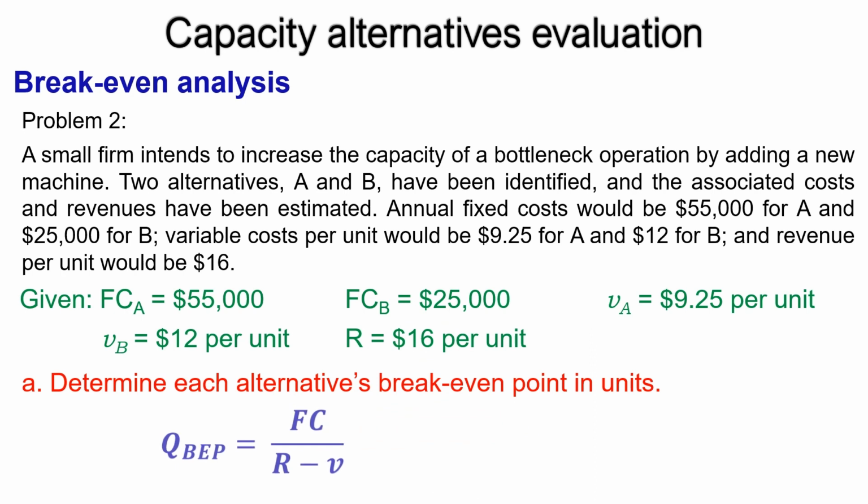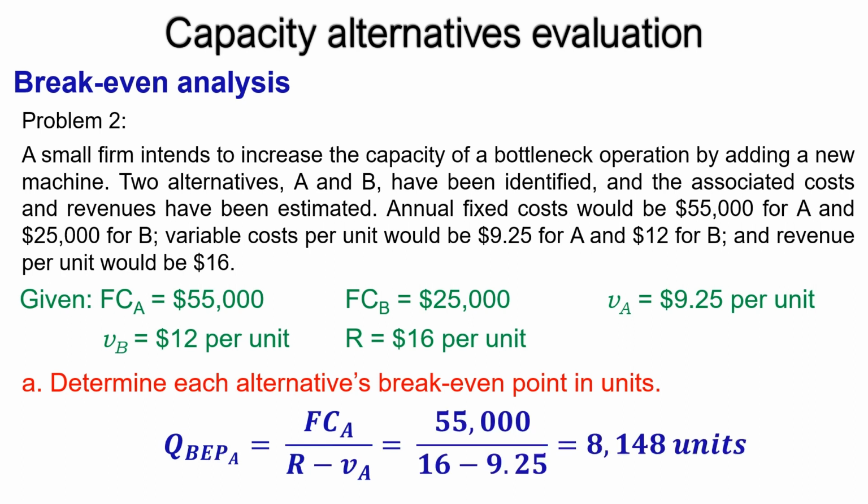In general, QBEP equals the fixed cost divided by the difference between the revenue per unit and the unit variable cost. So, QBEPA equals FCA divided by R minus VA equals 55,000 divided by 16 minus 9.25 equals 8,148 units.